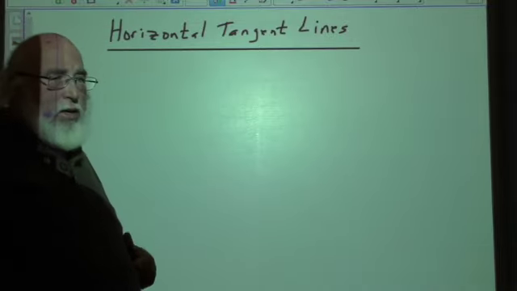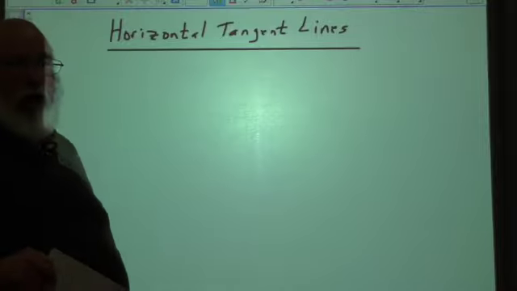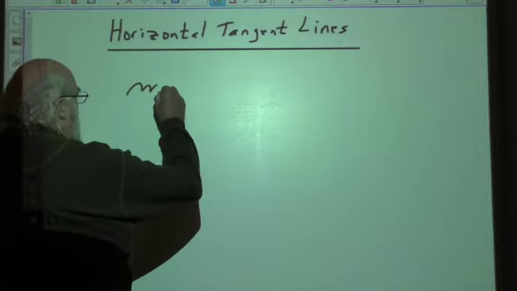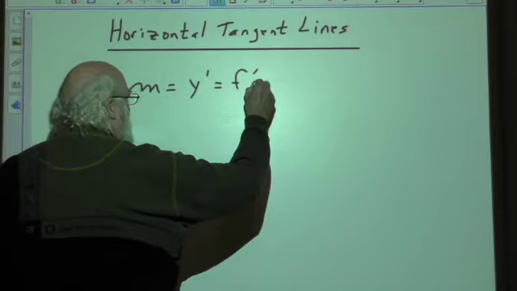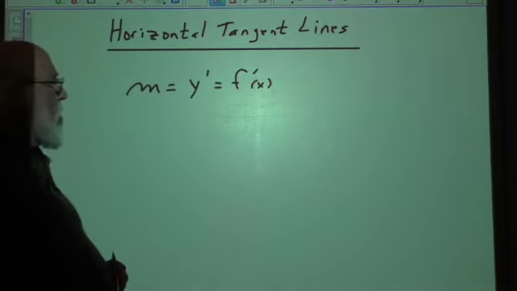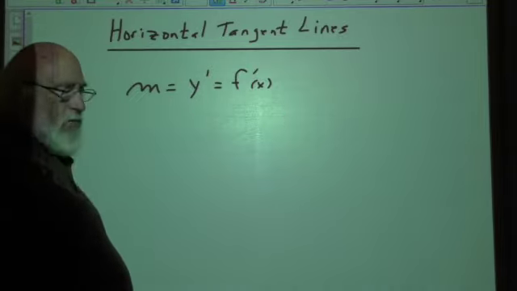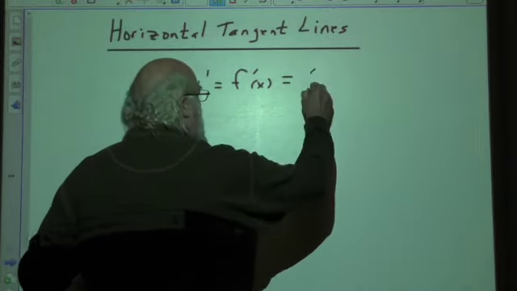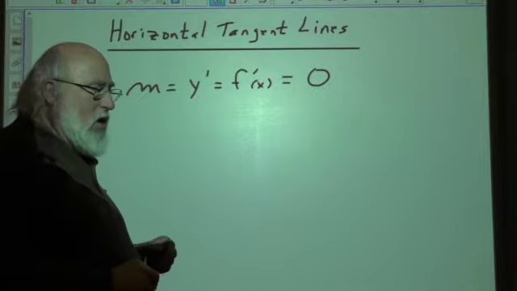horizontal. Now, what is true about horizontal tangent lines, or horizontal lines in general, is that the slope, which is y prime, the derivative of the function, that value is 0. We've shown this a couple of times in previous discussions.